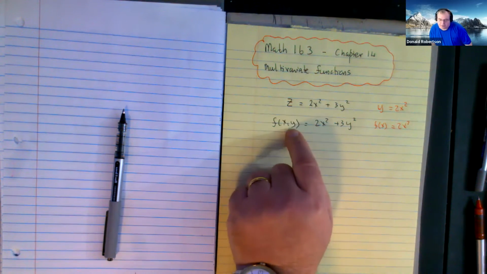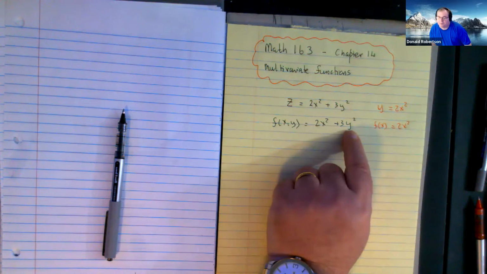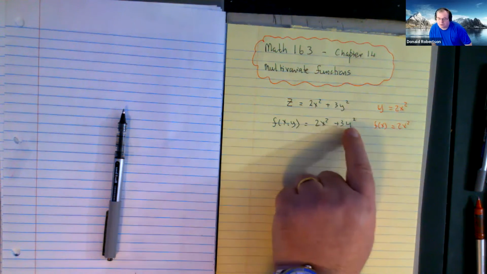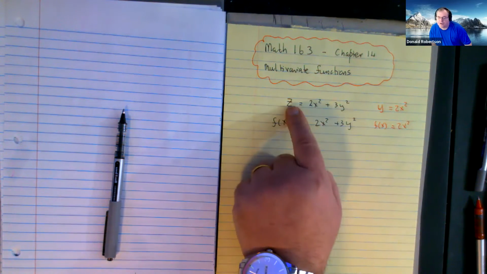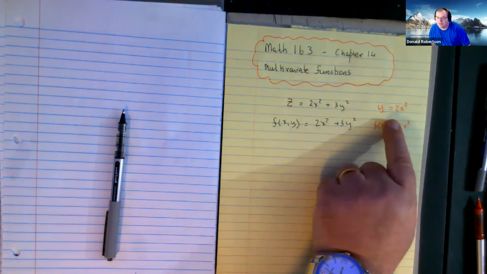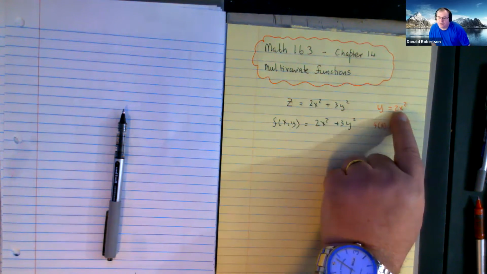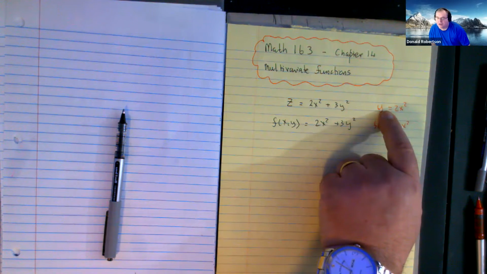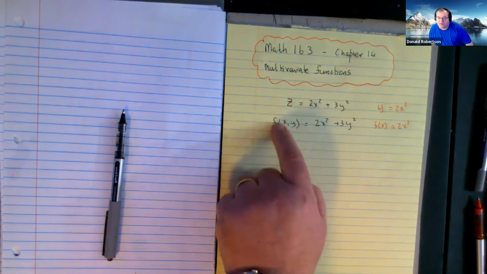So in a multivariate function, there are two or more variables. For the most part, we're going to deal with two independent variables and one dependent variable, right? So technically in math, when we did this in 141, x was the independent variable and y was called the dependent variable.